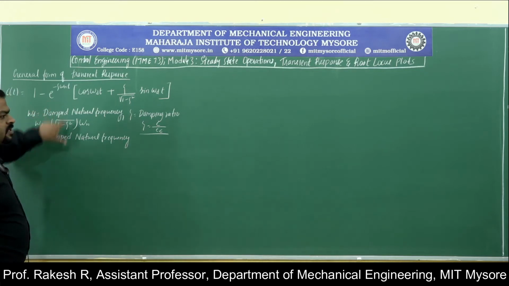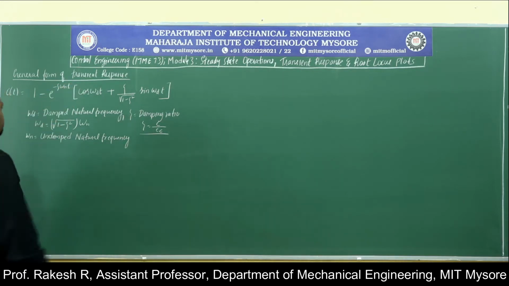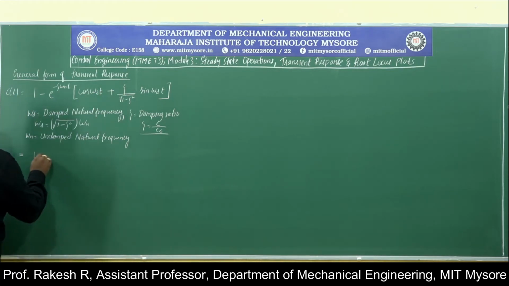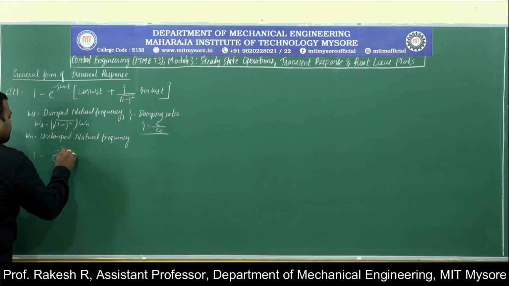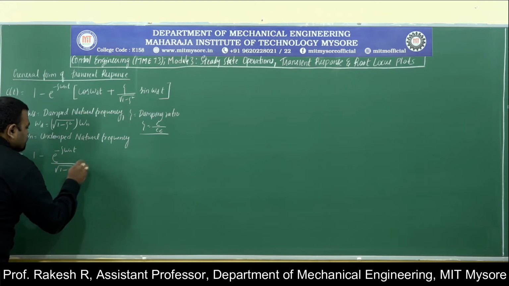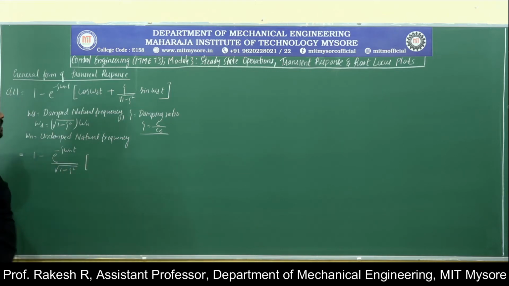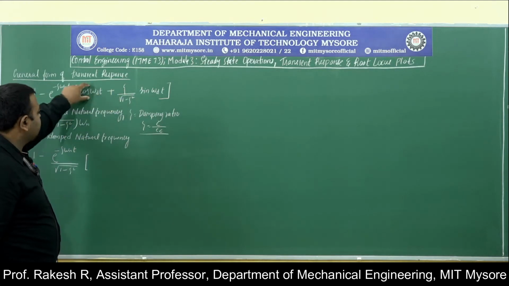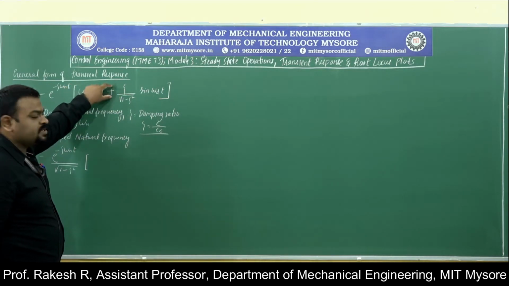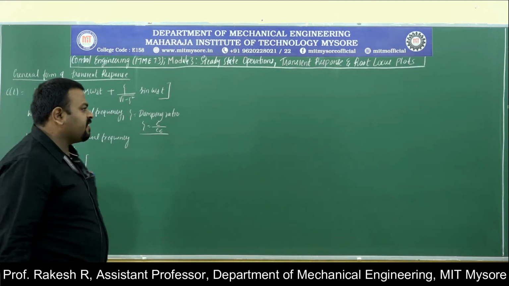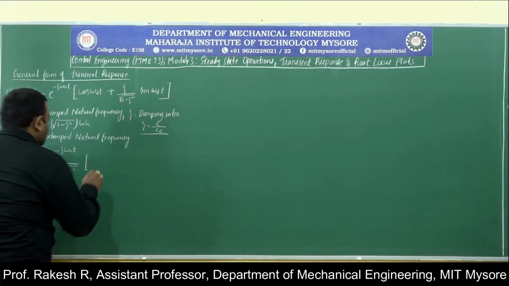After this, the equation can be expressed in a simplified fashion, taking square root of 1 minus zeta square as a common factor. Then it will be e to the power of minus zeta omega n t divided by square root of 1 minus zeta square, into square root of 1 minus zeta square cos plus zeta into sine. This is in the form of sine a cos b plus cos a sine b.